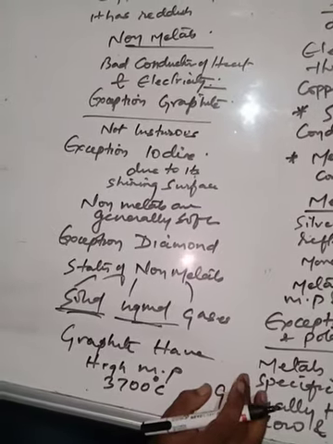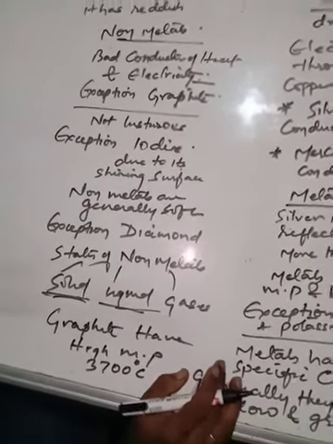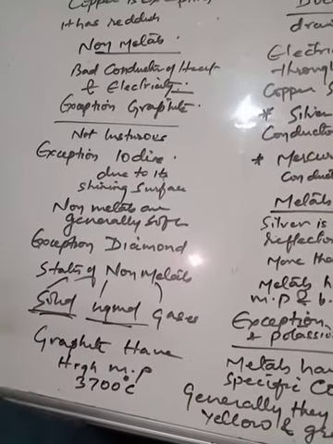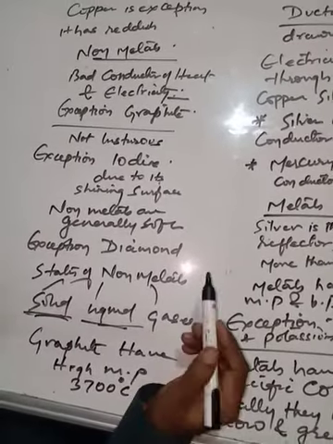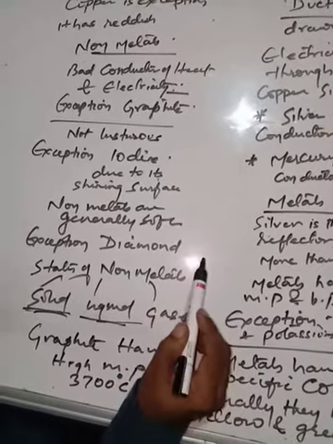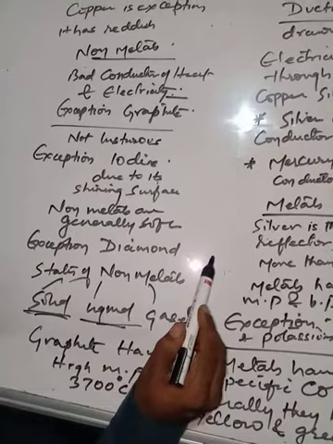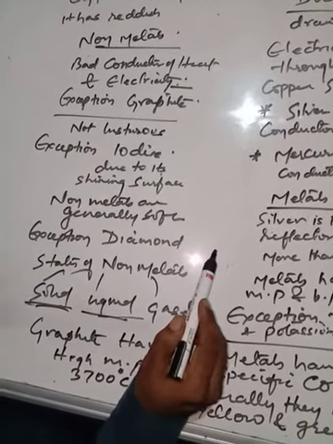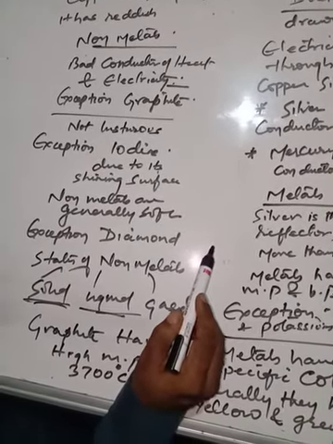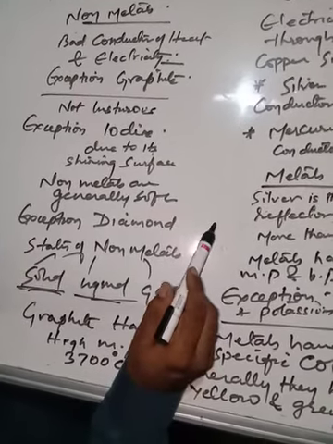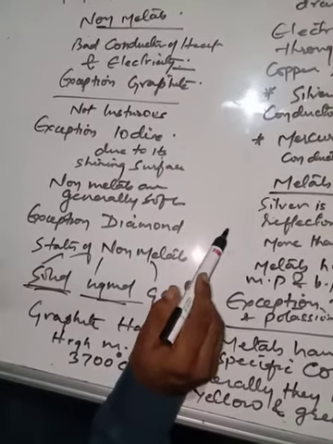Non-metals generally have low density. Non-metals have specific colors. For example, sulfur is yellow, chlorine is greenish yellow, graphite is black in color, and so on. Phosphorus is white or yellow because it exists in allotropic forms.